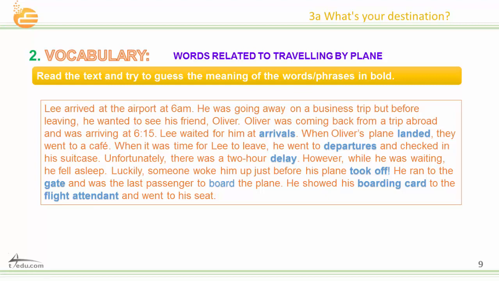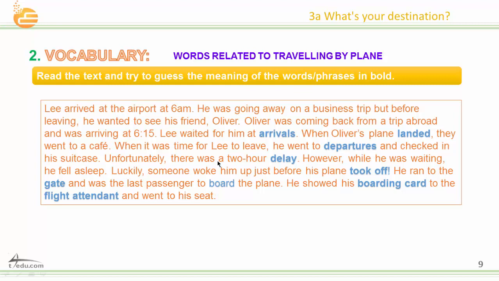Okay, let's start. Lee arrived at the airport at 6 a.m. He was going away on a business trip, but before leaving, he wanted to see his friend, Oliver. Oliver was coming back from a trip abroad and was arriving at 6:15. Lee waited for him at arrivals. When Oliver's plane landed, they went to a cafe. When it was time for Lee to leave, he went to departures and checked in his suitcase.